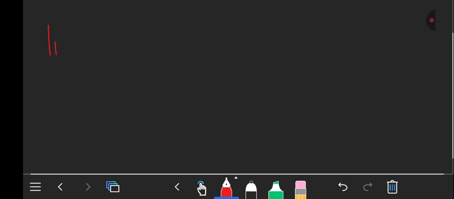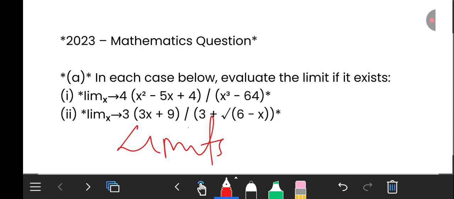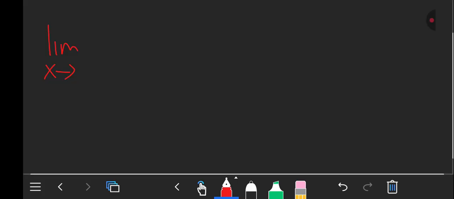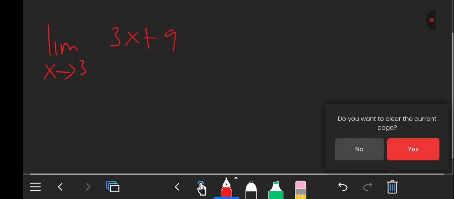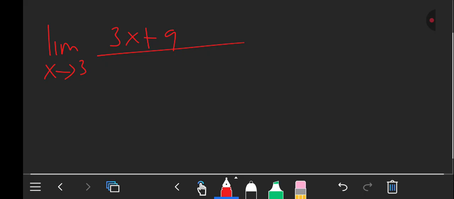So limit as x approaches positive 3, then we have 3x plus 9 over negative 3 plus square root of 6 minus x.